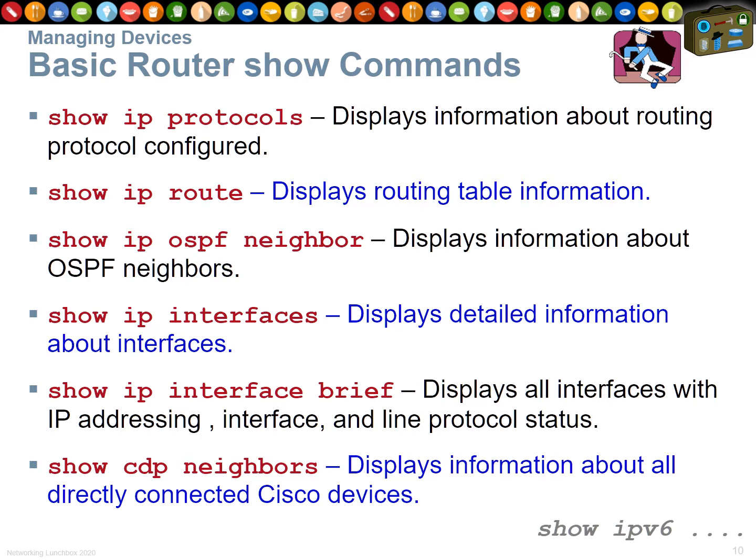Show ip route, show ip protocols, show ip interface brief, show cdp neighbors. These 4 commands are going to give you 90% of all of your troubleshooting. And once we start doing routing, that's where your OSPF comes in. And of course, all these commands, if you want the IPv6 versions, just do show ipv6 instead of show ip. Exactly the same command.